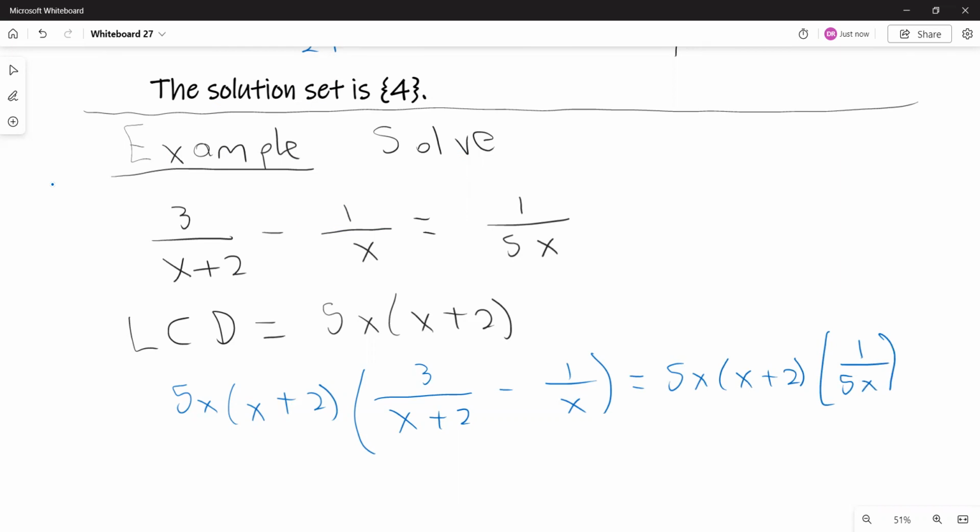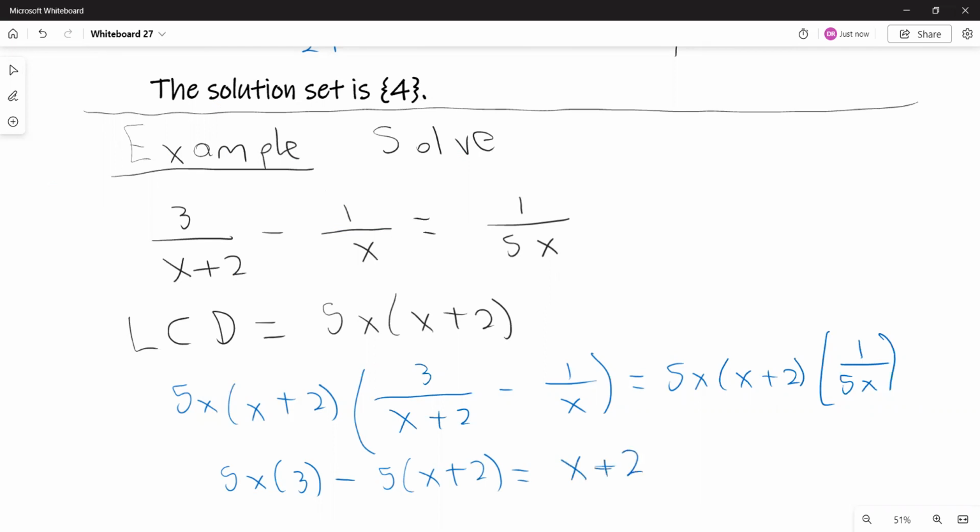The x plus 2's cancel out, and we have 5x times 3. Minus 5x times x plus 2 times 1 over x. The x's cancel out, and we have 5 times x plus 2. And then 5x times x plus 2 times 1 over 5x. The 5x cancel out, and we have x plus 2.